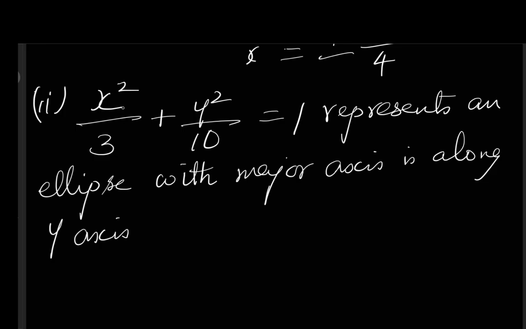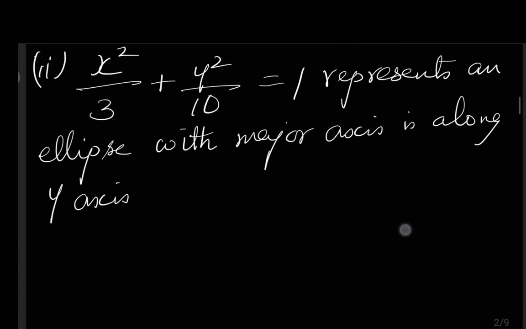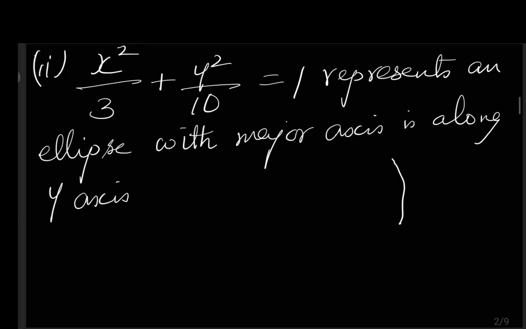See second subdivision, x square by 3 plus y square by 10 is equal to 1. See, the denominator of x squared is 3 and denominator of y squared is 10. So, here the denominator of y squared is greater than the denominator of x squared. So, the major axis is along the y-axis. So, the ellipse you will get in the inverted position.